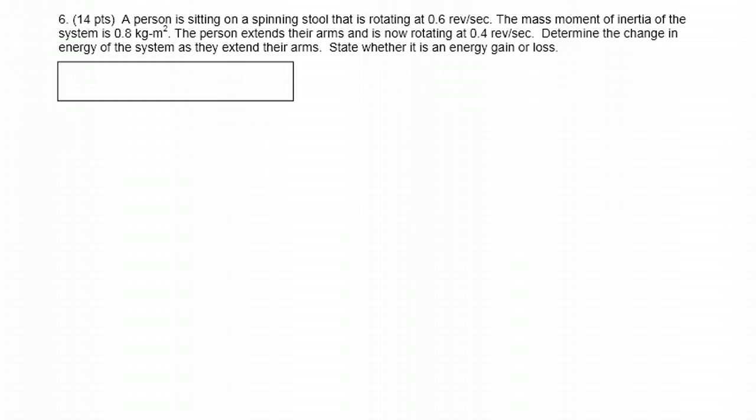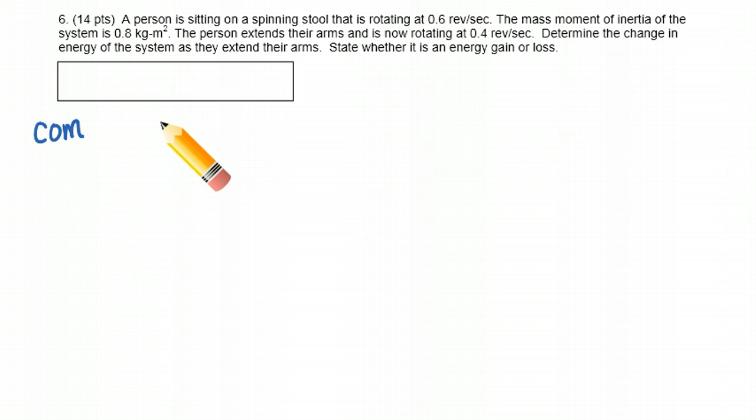Alright, so conservation of momentum will let us determine a mass moment of inertia of the final state, and then we can use that to determine an energy loss. So you have to really think through this problem and develop a plan of action. So let's do conservation of momentum.